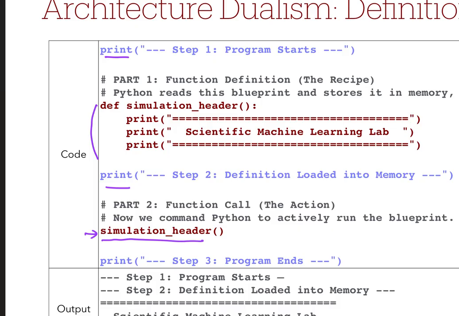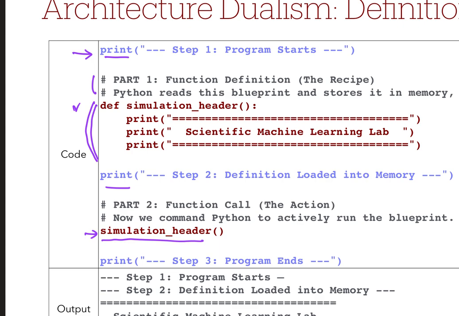Even though the definition of the function is above here, when the Python interpreter sees the definition, it will only check whether the syntax, the grammar, is correct.